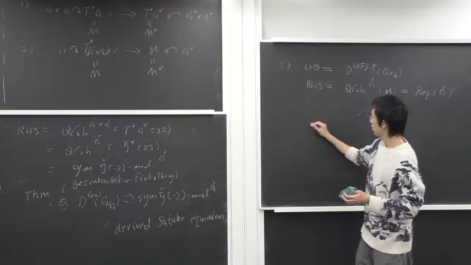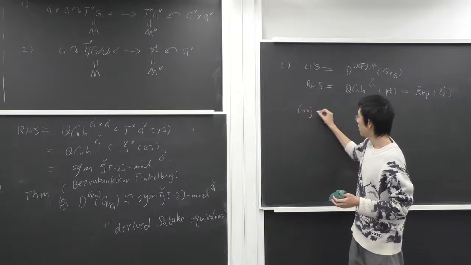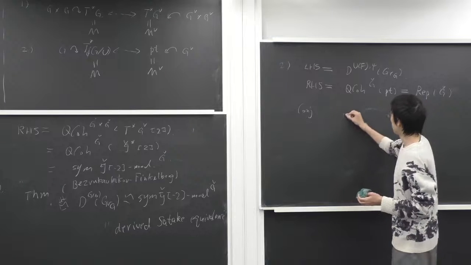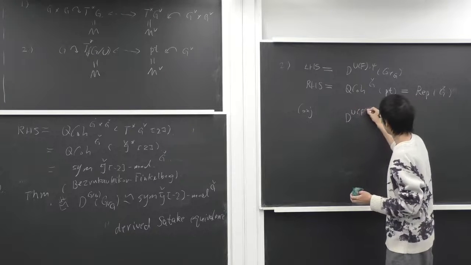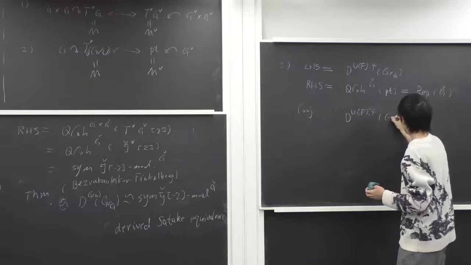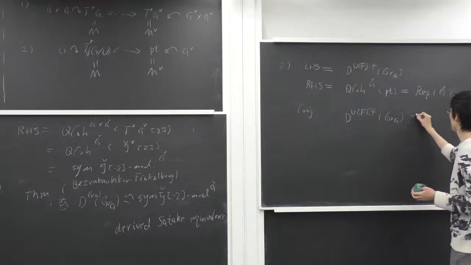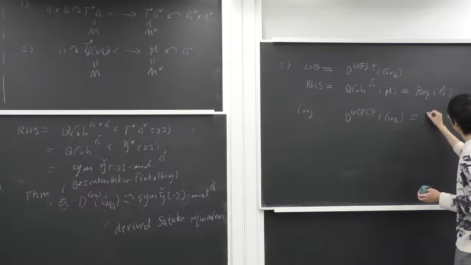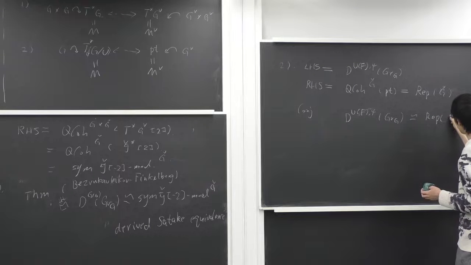So in this case, the conjecture says the category of U_F, chi equivariant modules under G is equivalent to the category of representations of G check.